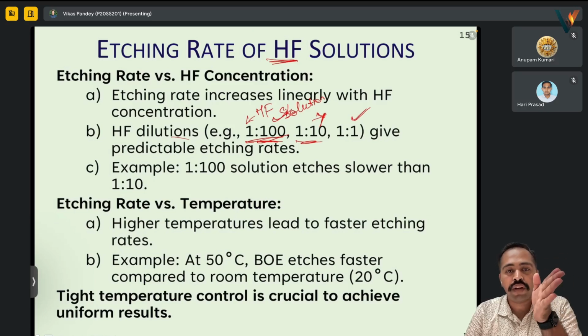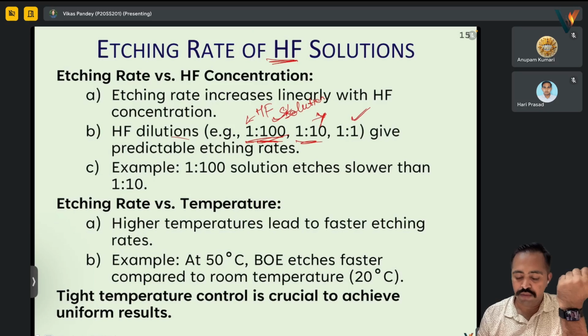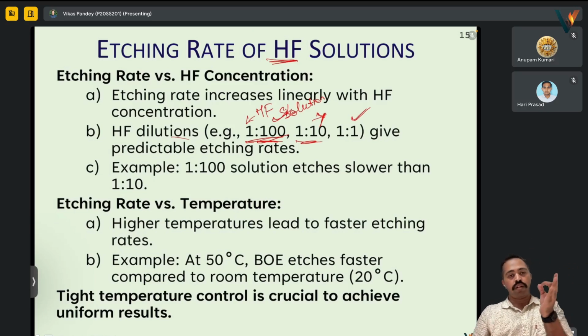We know at what speed it is etching, compared to 1:10. So if I have to control the rate of reaction, and I know it should slowly etch out this much thickness, then I will shift from 10% to 1%.